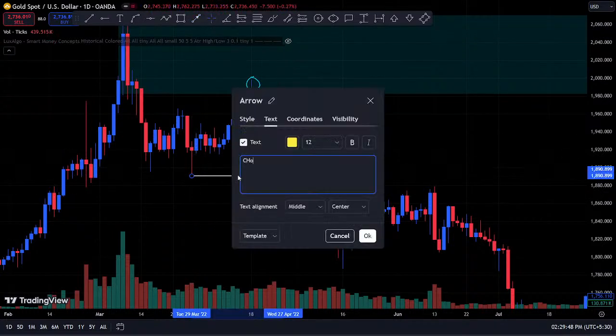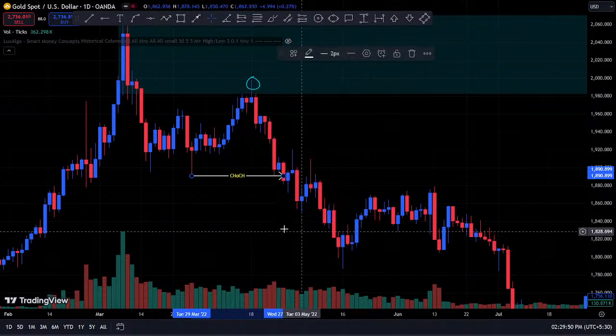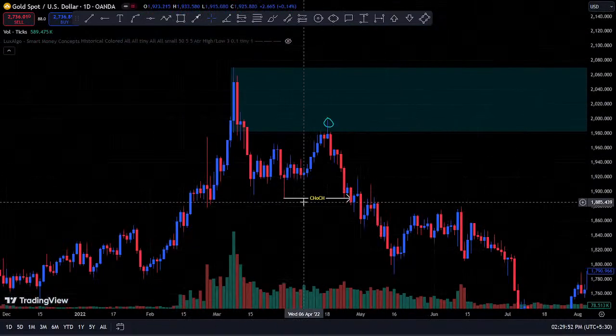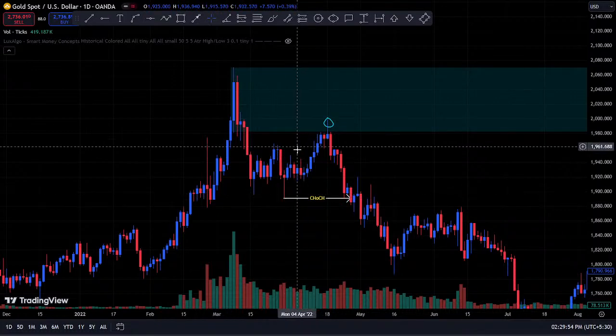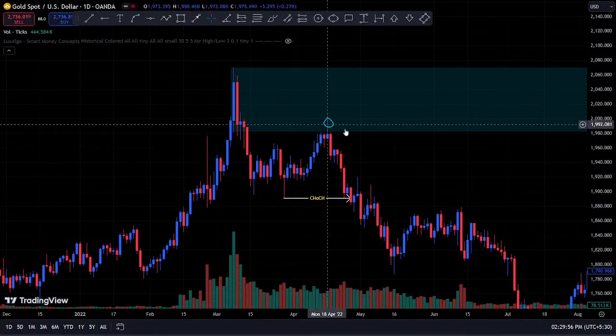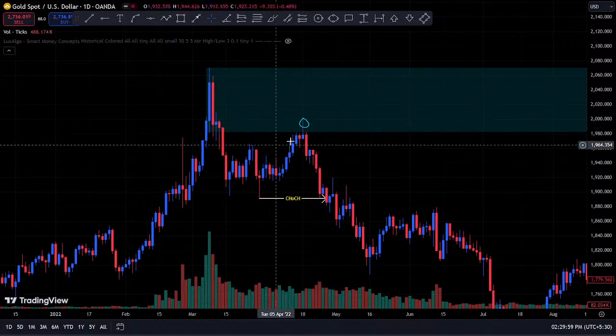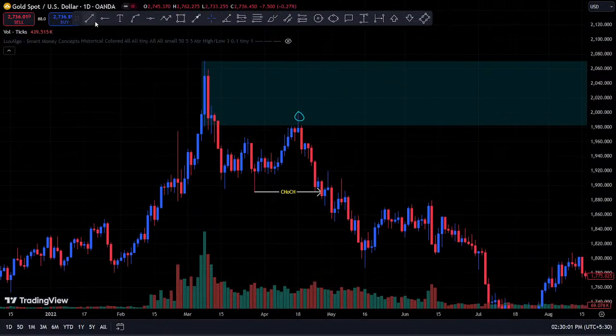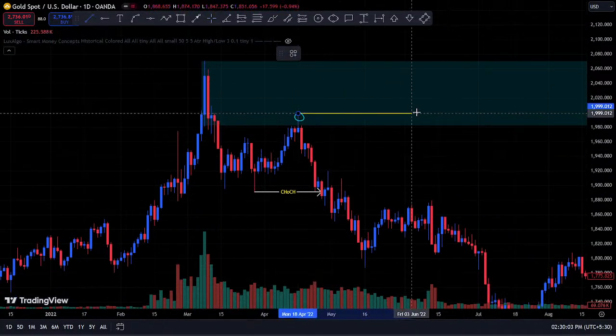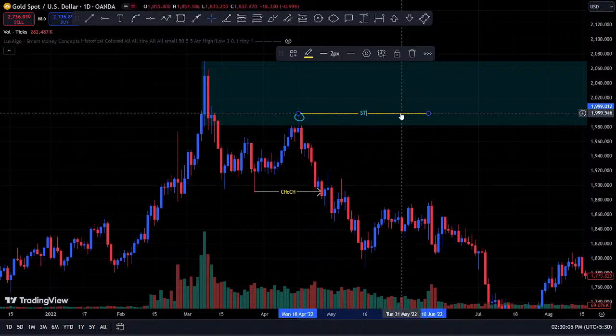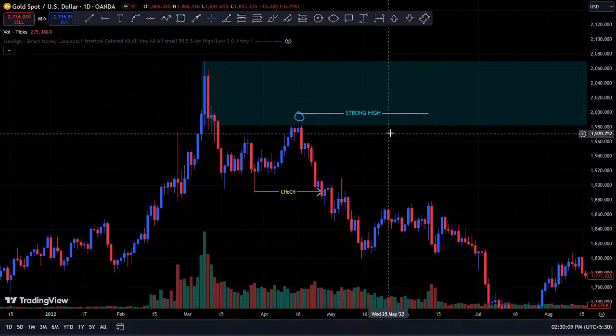So what did I say? When a low fails to do its job, let's say this is the low, it was trying to form this particular high, but it failed to do its job. So this is a strong high, right?